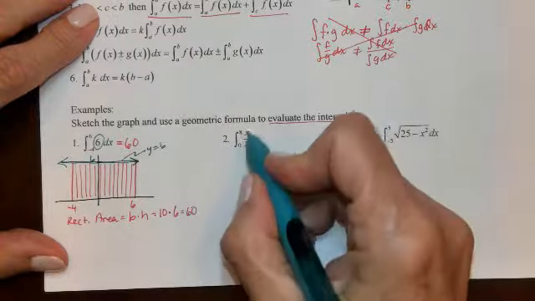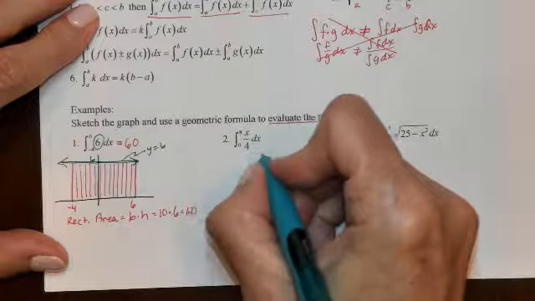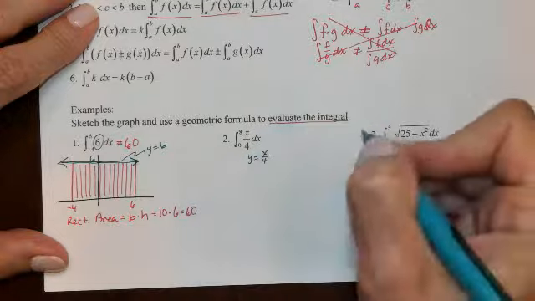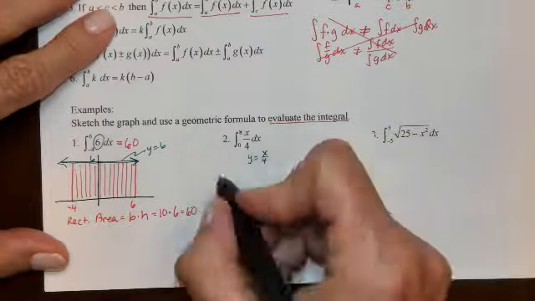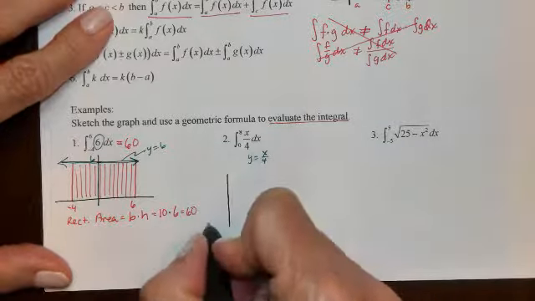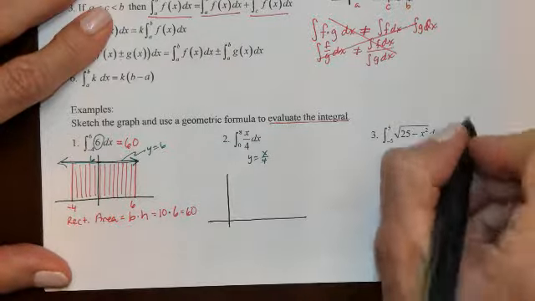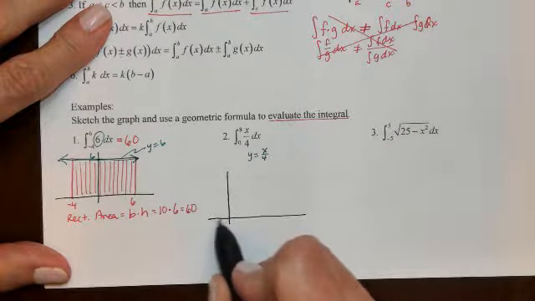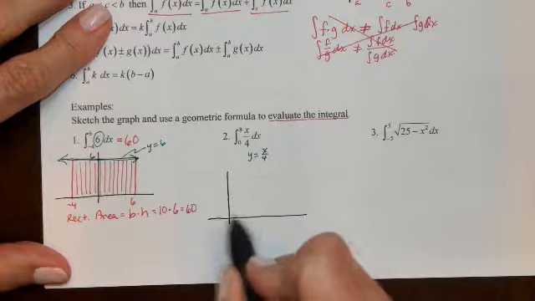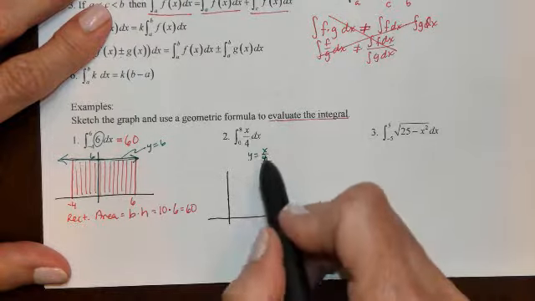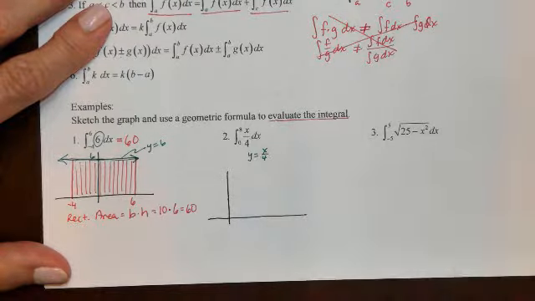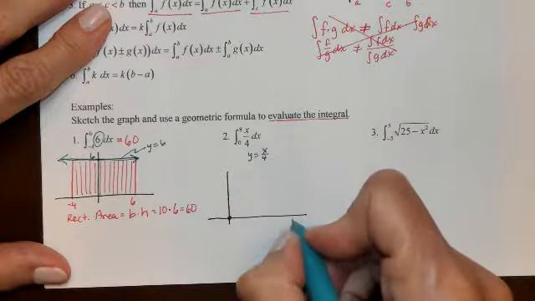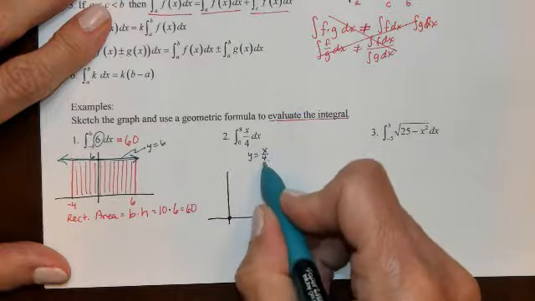Okay. So for the next one, we want to graph y equals x over 4, right? So I'm going to get some axes here. I know we're only going from x equals 0 to 8, so I'm not doing much on the negative x-axis, so it's all over here from 0 to 8. Well, this is a line. The y-intercept is 0, right? And the slope is 1/4.